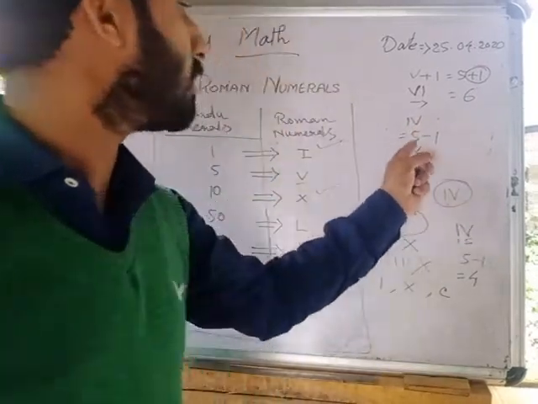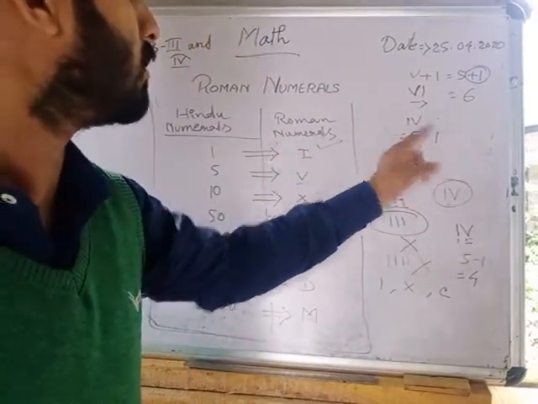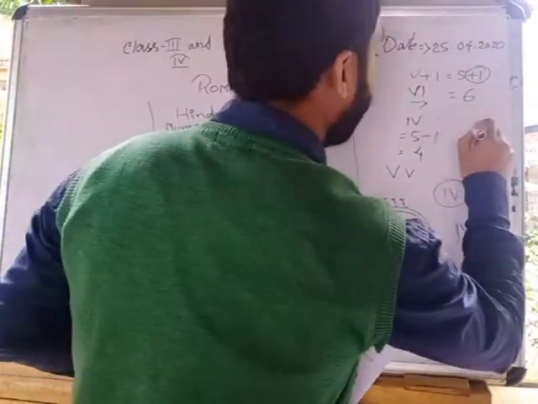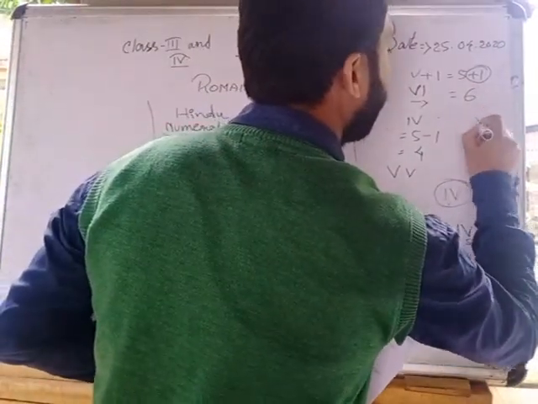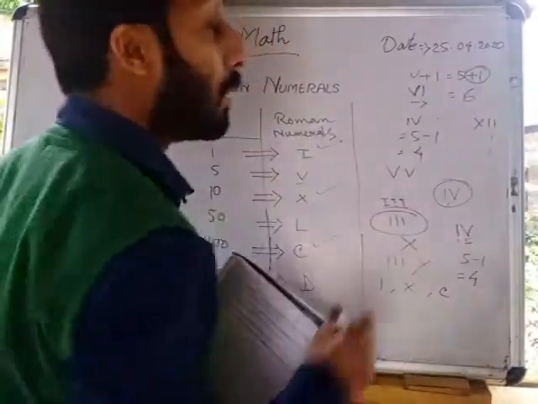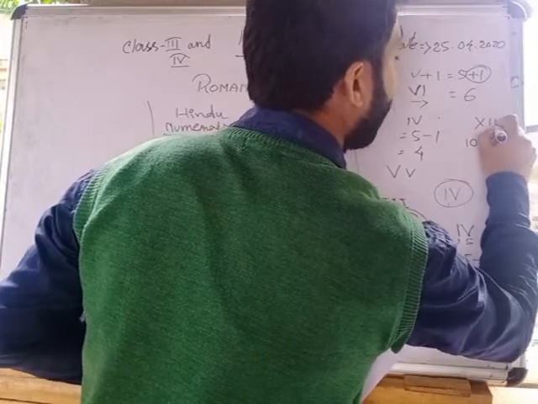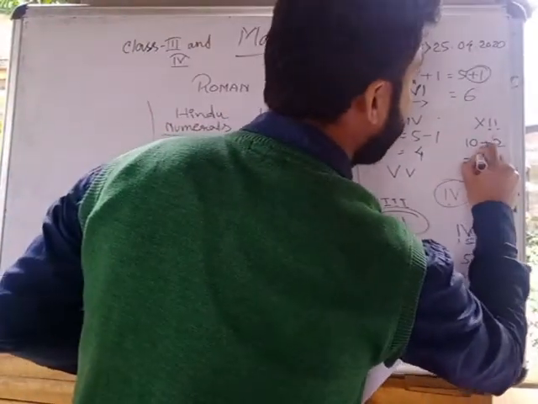That's why 5 minus 1 is 4. If we write 10 and then two 1s, that is 10 plus 2, that's why it is 12.